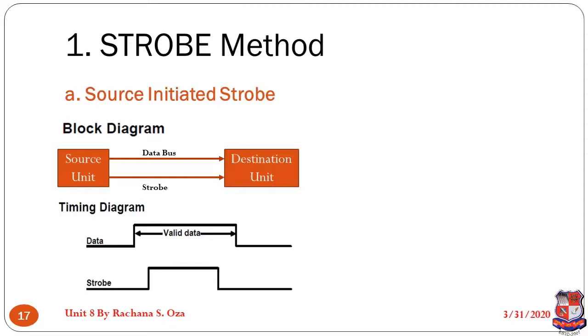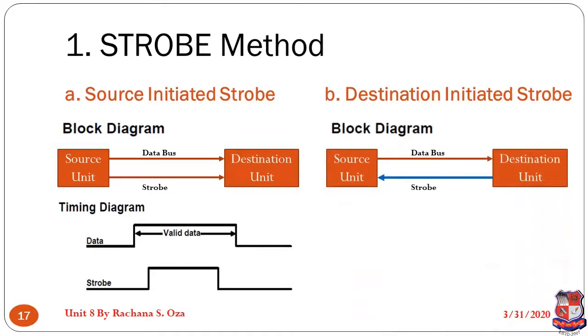Let us see the second perspective of the same method. The second is a destination initiated strobe. It is the second scenario. In this scenario, the destination is initiating the data communication. So the destination will send a strobe signal. You can see that it is the blue line I have highlighted. When the source receives the strobe signal, it will try to read the data.